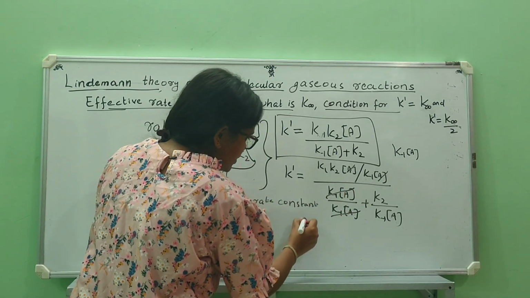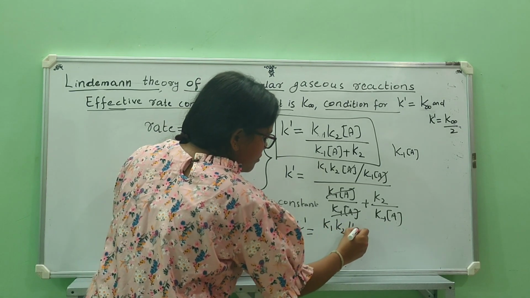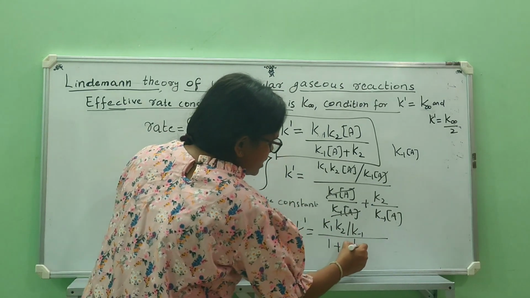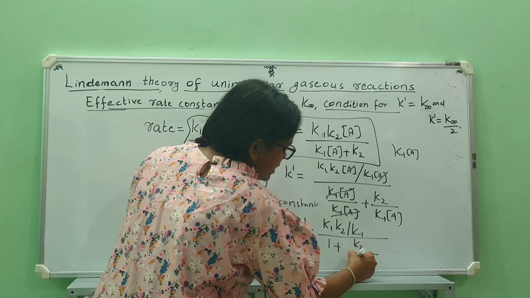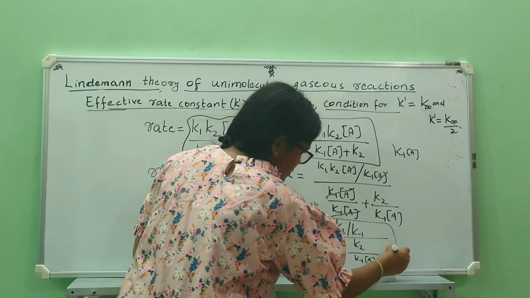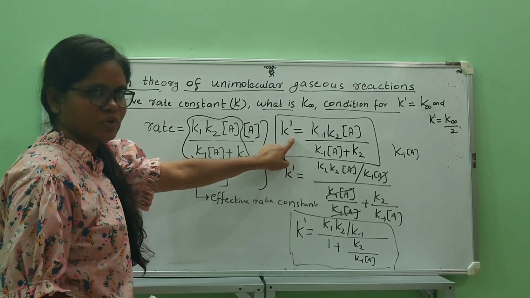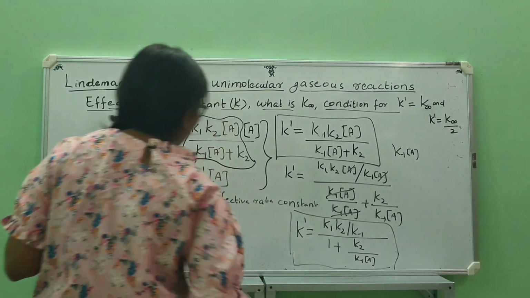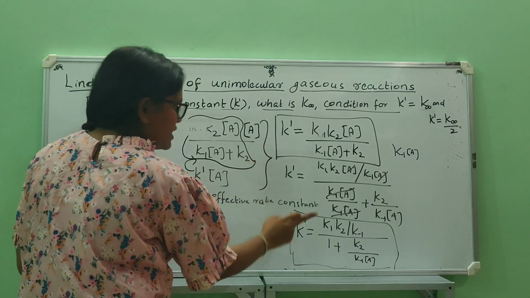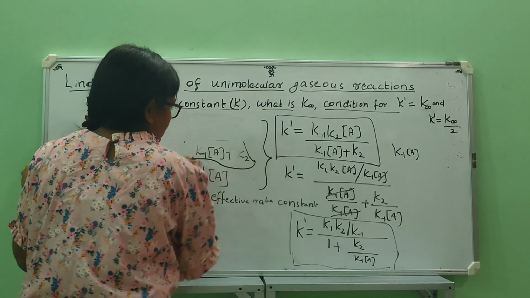So what is the expression for K dash? K dash is equal to K1, K2 by K minus 1, whole divided by 1 plus K2 by K minus 1 into A. So these two expressions for K dash are important, okay? So now let us try to draw a graph between K dash versus A.